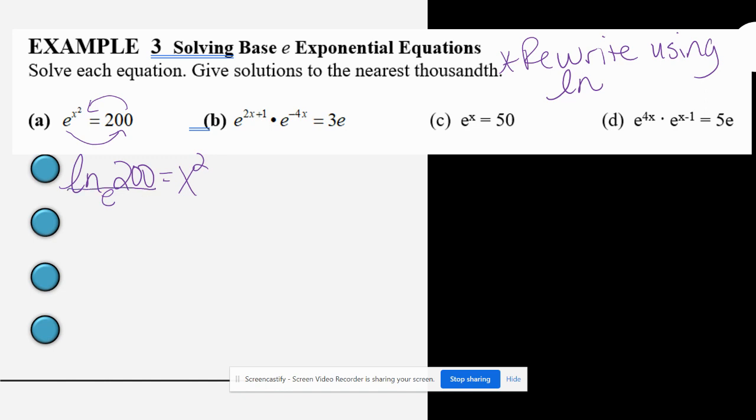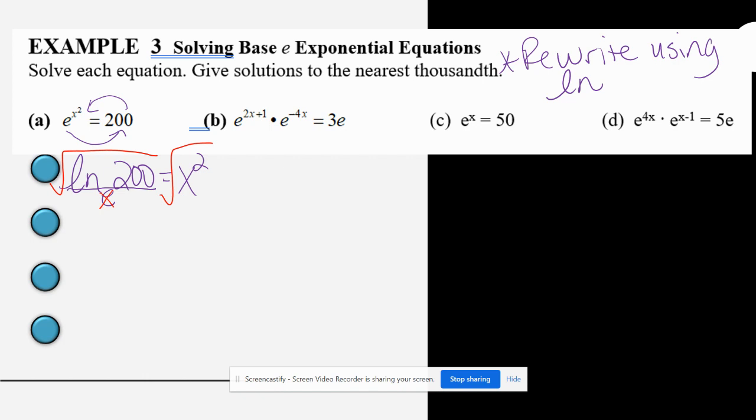We find the natural log of 200, and to get this x alone, the opposite of a square is a square root. So my final answer would be typing in the square root of the natural log of 200. Remember, natural log button is already base e, so we don't have to do this change of base formula.